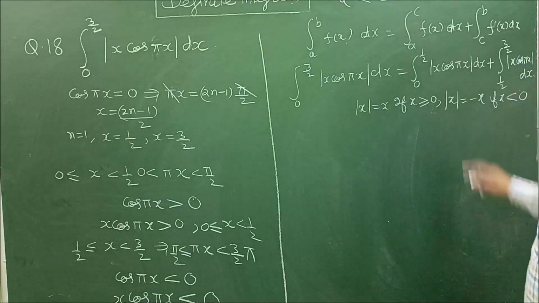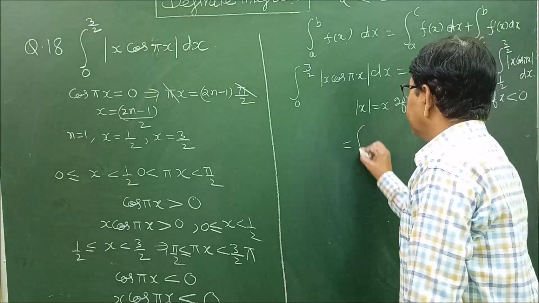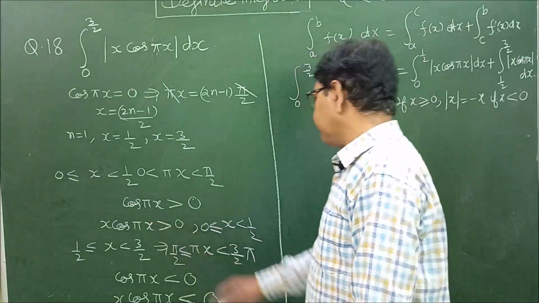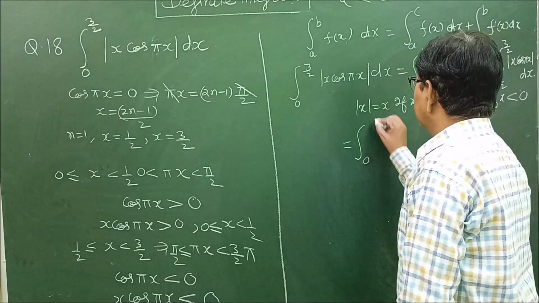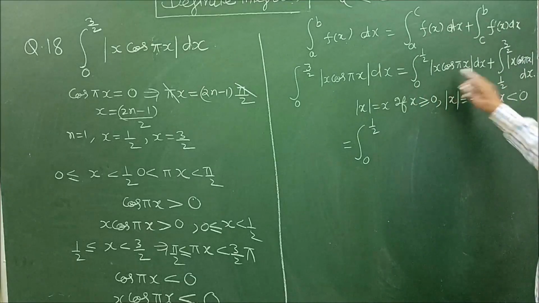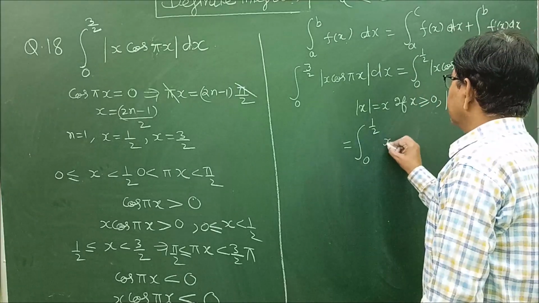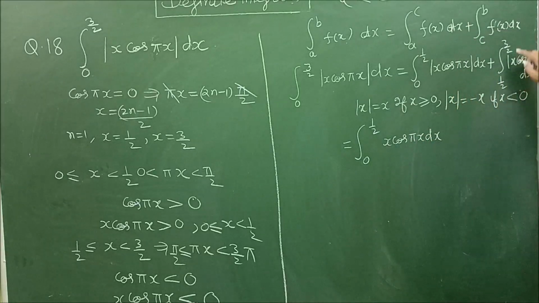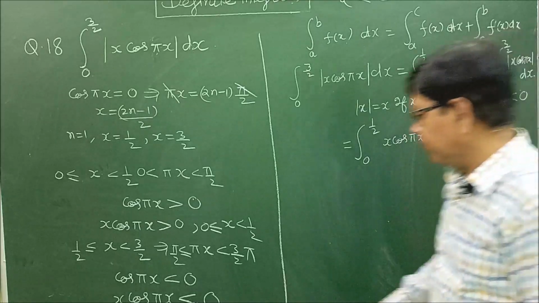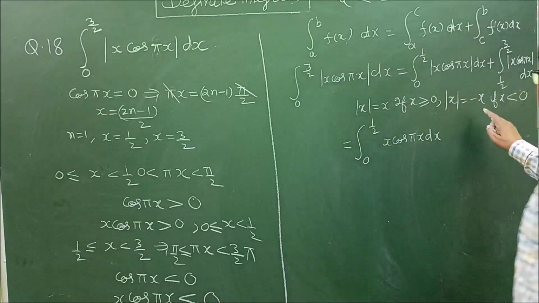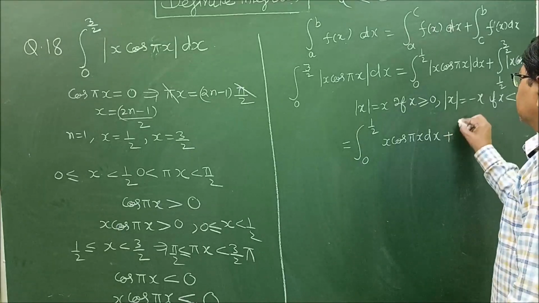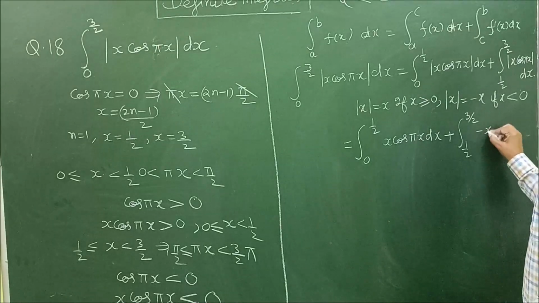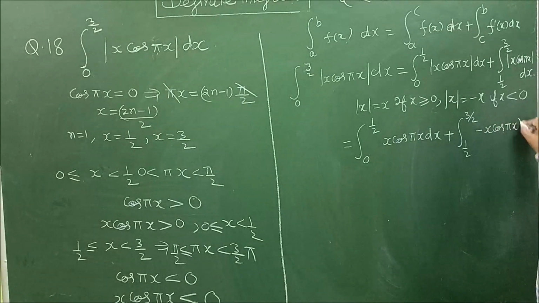So by using that property, between 0 and 1 by 2 x cos pi x is positive, so I can write 0 to 1 by 2 mod x cos pi x will be equal to itself, that is x cos pi x dx, and from 1 by 2 to 3 by 2 the value of x cos pi x is negative. Using this property here, we can write 1 by 2 to 3 by 2 minus x cos pi x dx.